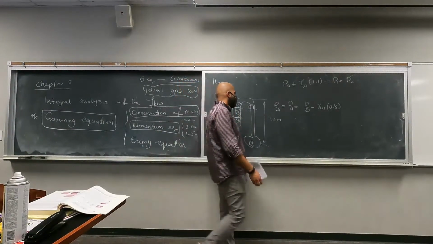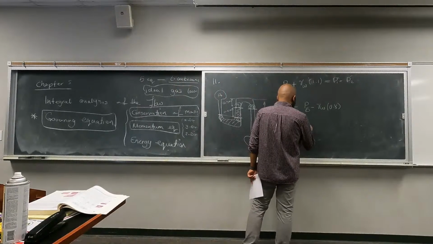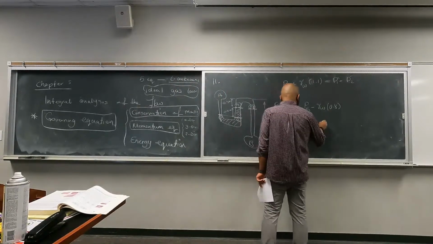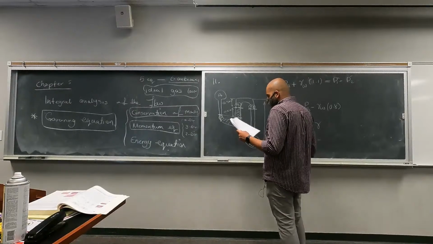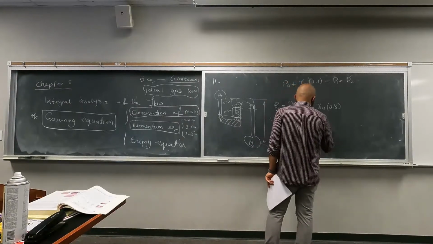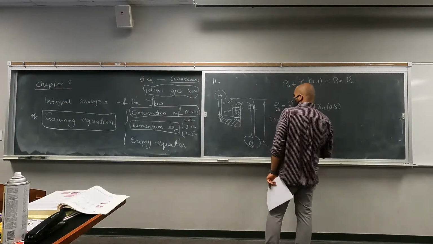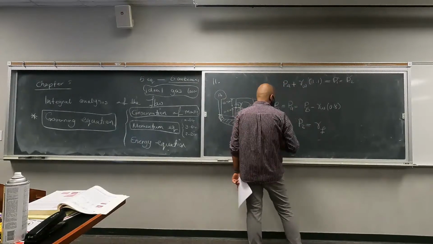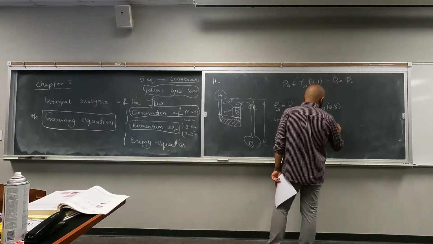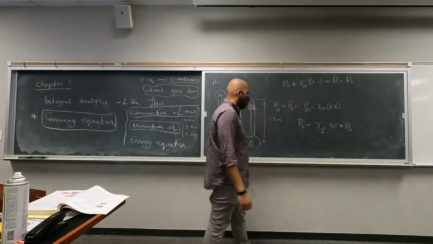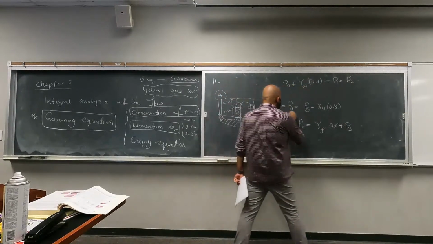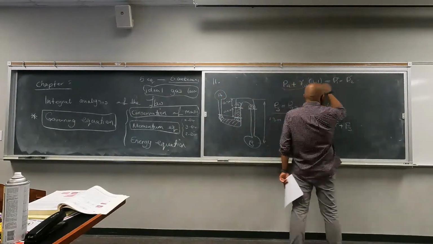So pressure at point 2 is going to be equal to gamma of this manometer fluid, which is just a gauge fluid, let's call it F, multiplied by this height, 0.6, plus P3. So we have P3, we have P2.